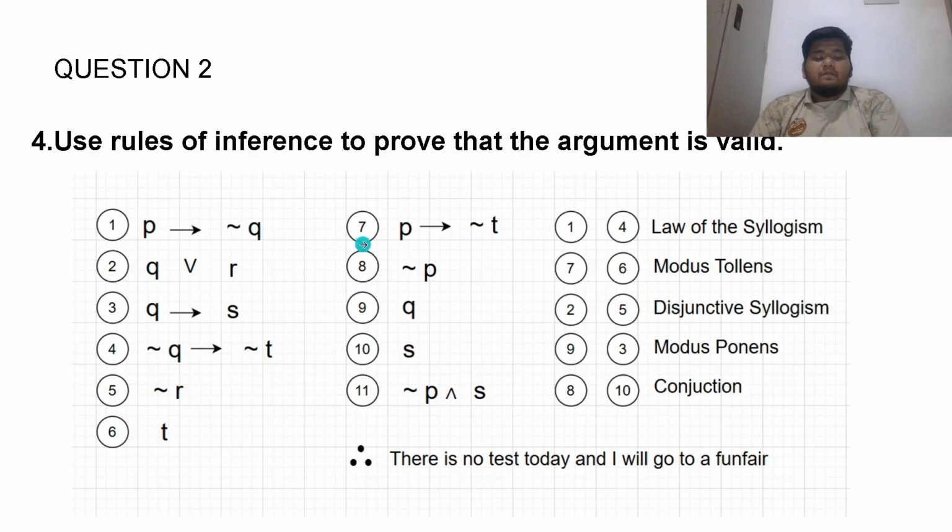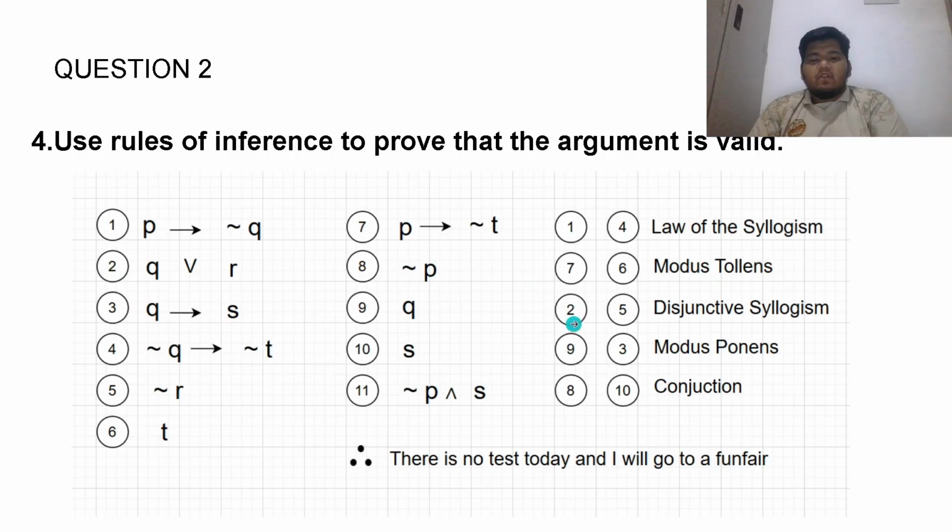Okay, so now, by combining number 1, which is P if and only if not Q, and 4, which is not Q if and only if not T, by using the law of syllogism, we can get P if and only if not T. Next, we are going to combine 7, which is what we got earlier, P if and only if not T, and 6, which is T. By using modus tollens, we can get not P.